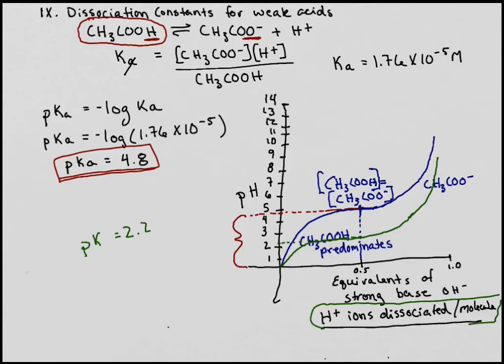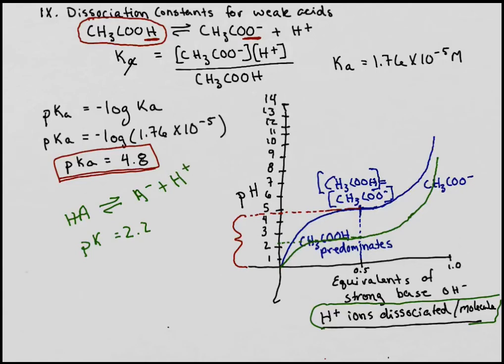Let's call our fictional acid HA, where A stands for acid and H is the acidic proton, so as it dissociates, we get A minus plus H plus.